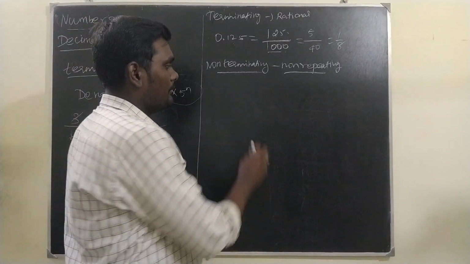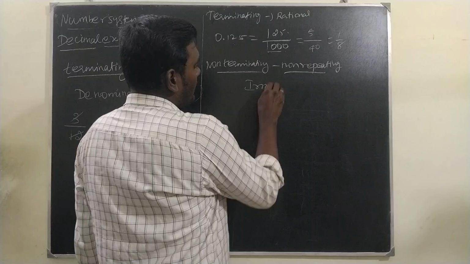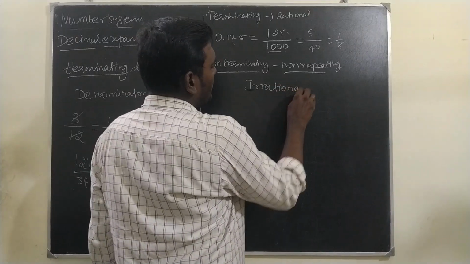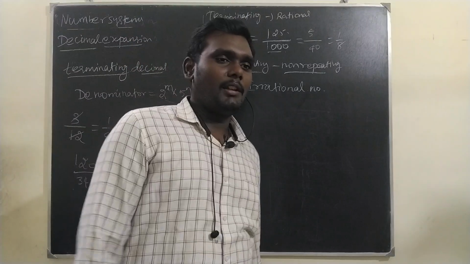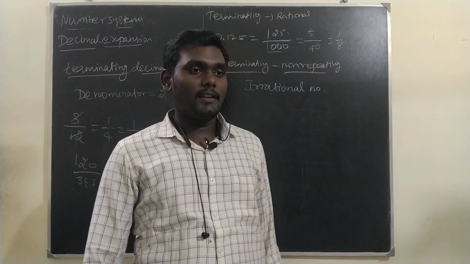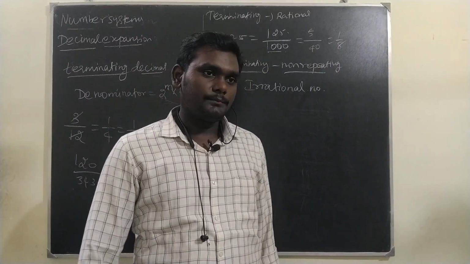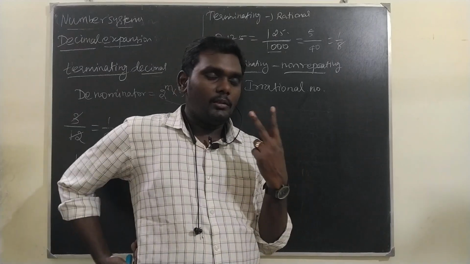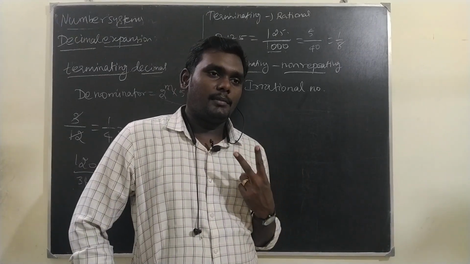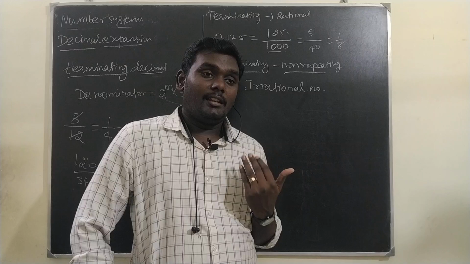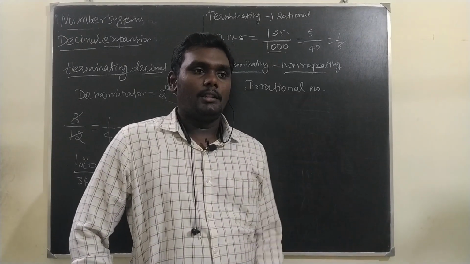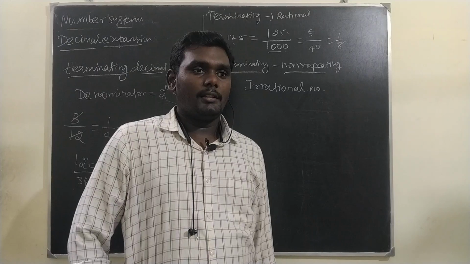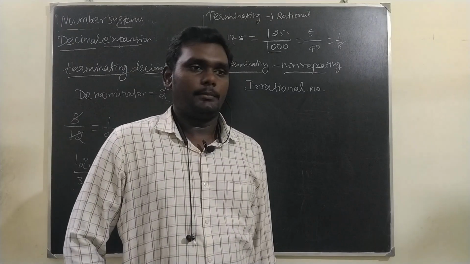It is an irrational number. Non-terminating and non-repeating means it is an irrational number. It can't be converted into the form of p by q. That is why we call it an irrational number. We have seen two different definitions for an irrational number. One is that it cannot be represented in the form of p by q, and the other is that it has a non-terminating and non-recurring decimal expansion.